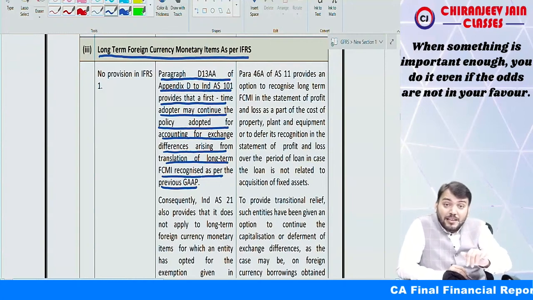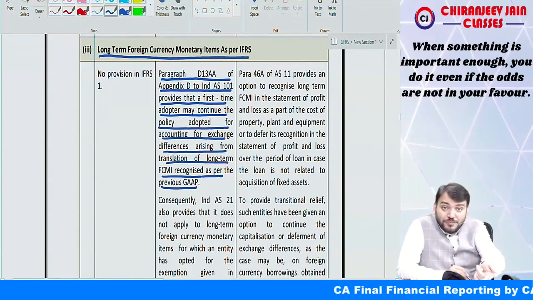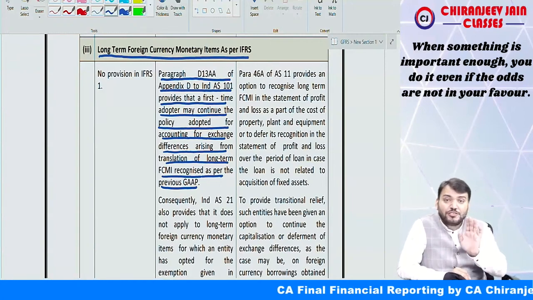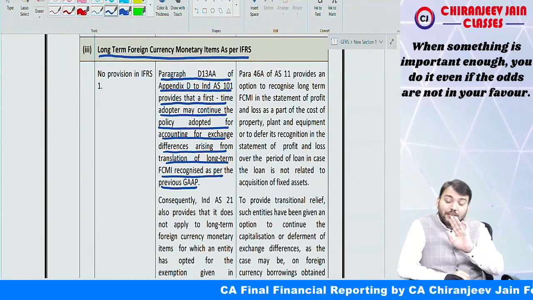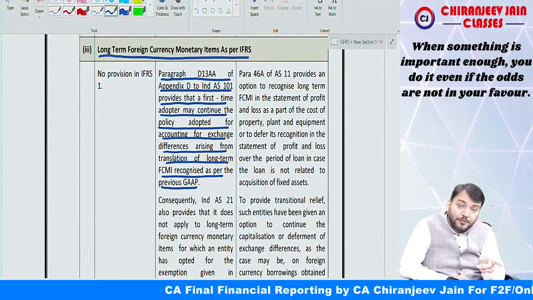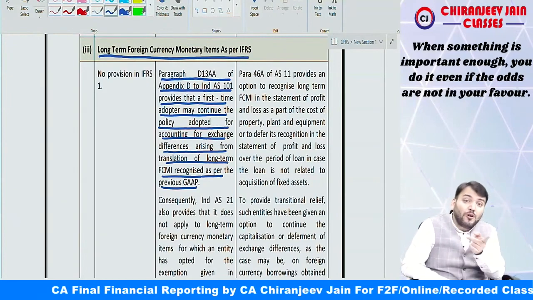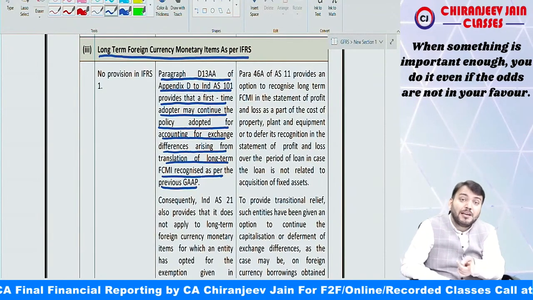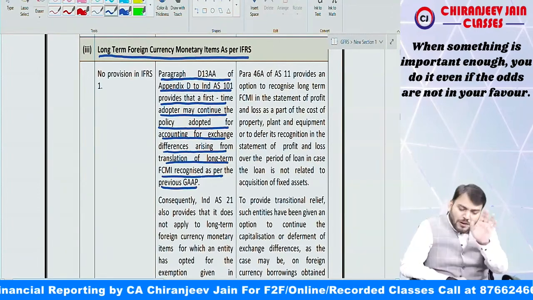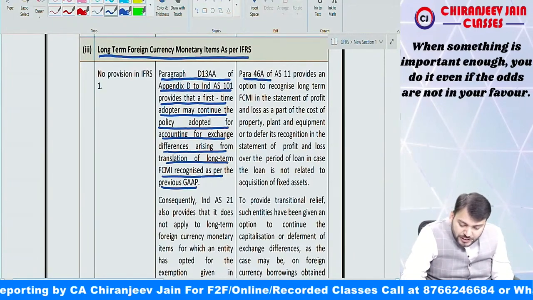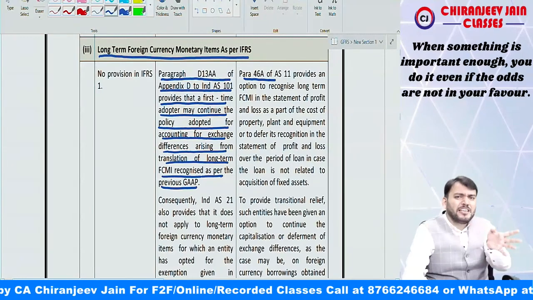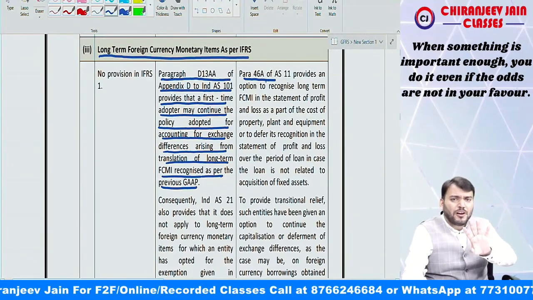Means they can continue the same accounting policies which they have adopted as per previous GAAP. What was that? Para 46A, or 46; initially it was 46, then it was changed to 46A, correct.